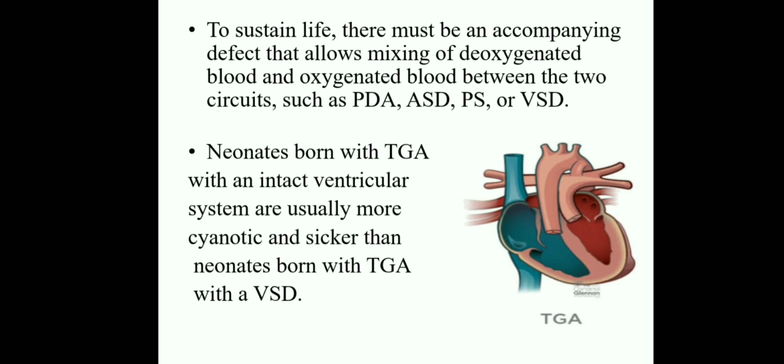Here the child is suffering with cyanosis and is sick when the neonate is born. The important cause in this condition is cyanosis at birth, and the child's mortality rate also is increased in these conditions because the mixing of the oxygenated and deoxygenated blood is there. So the child suffers with cyanosis.